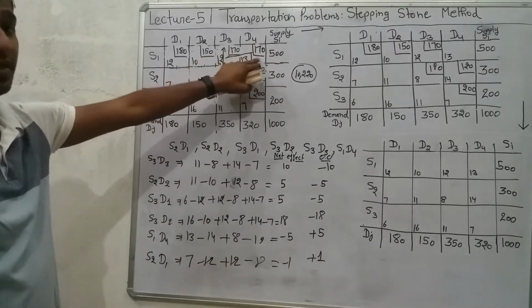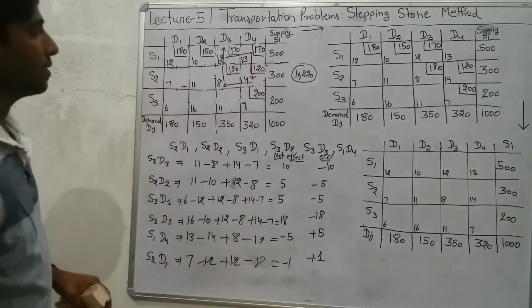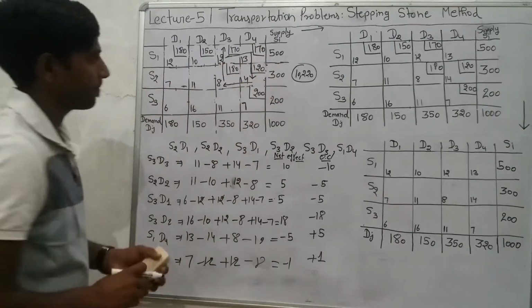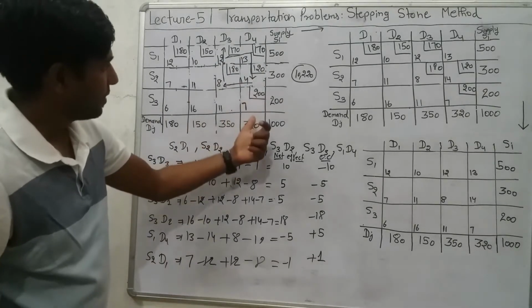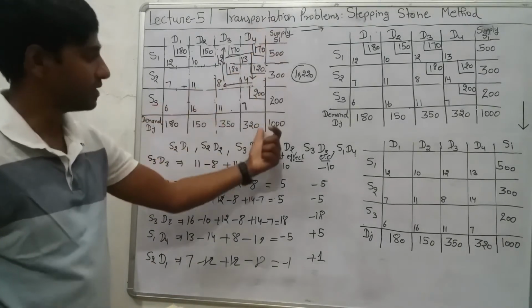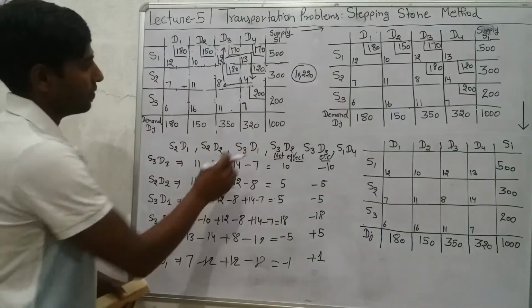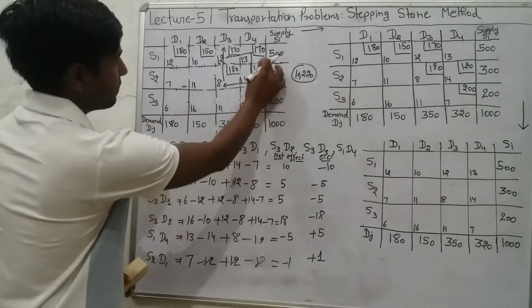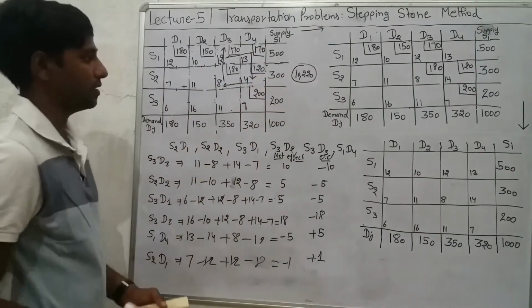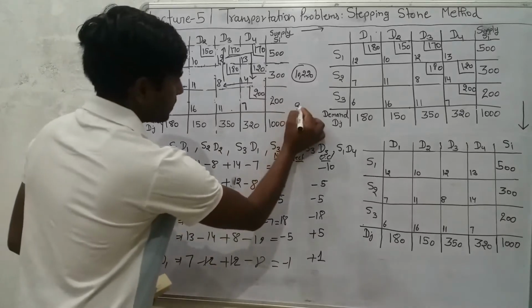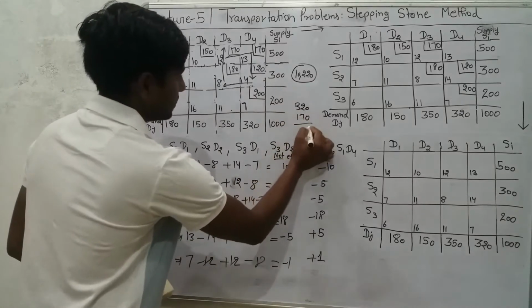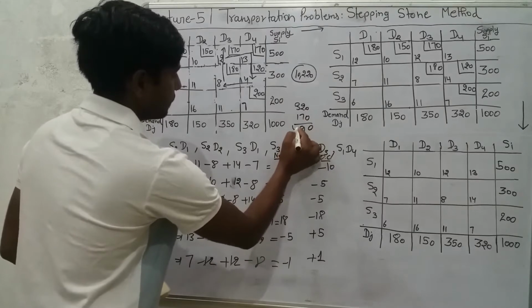So 170 units we are going to transfer here. Now, to balance out the rim requirements, what would be the total availability now? 170 plus 120 plus 200. So the total would be 320 plus 170, that is 490.